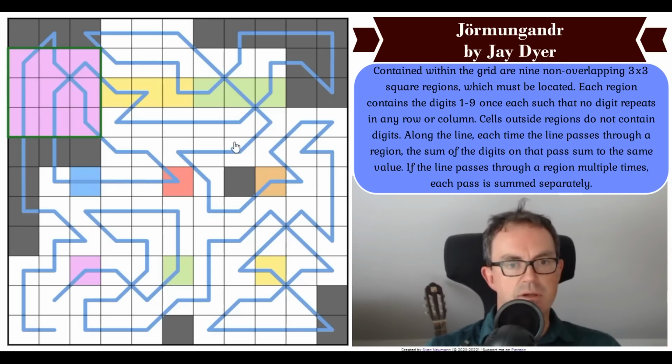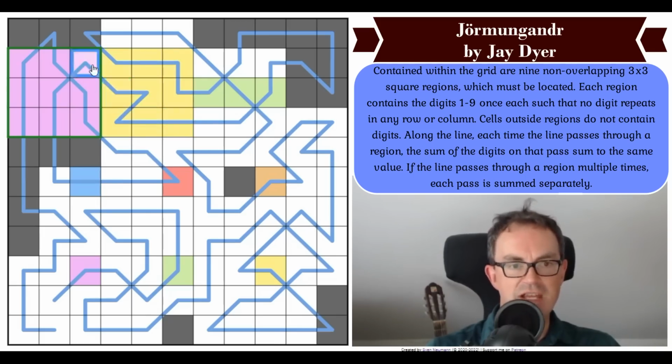So here's a point. How could this yellow region here come down to this row? Well, it can't, because this is going to have to be a 15 if we do that. That pushes the yellow upwards. Alright, here's another little trick. If the yellow took this stretch, now look at its nature from a line perspective.